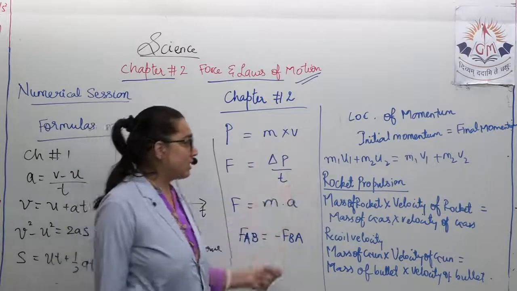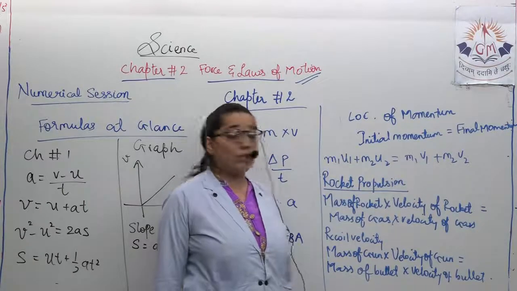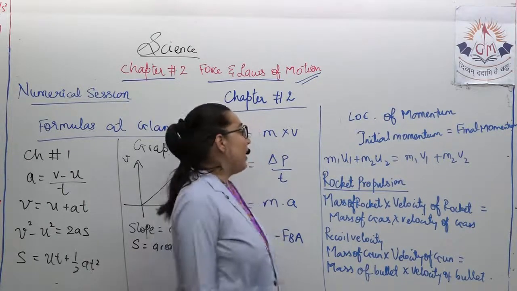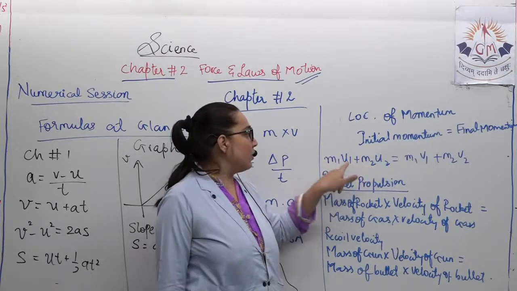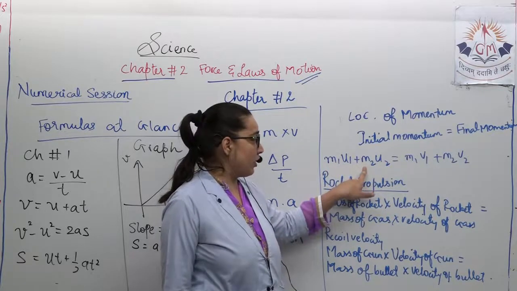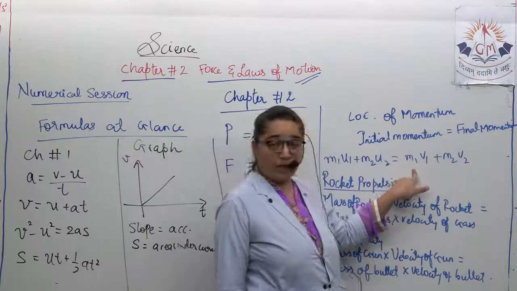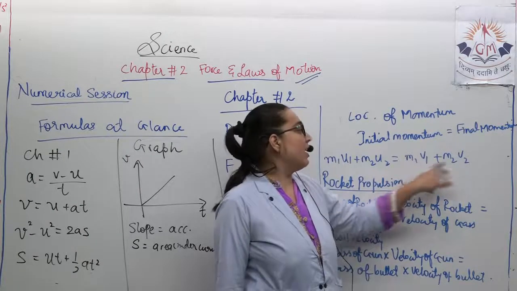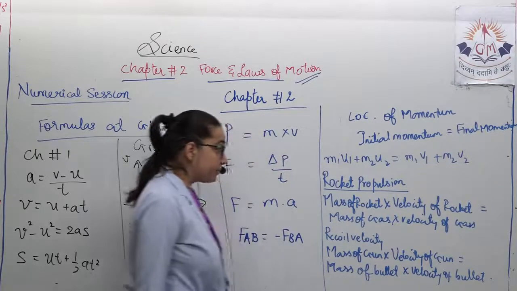So this was it: m1u1 plus m2u2 is equal to m1v1 plus m2v2. Here m1 and m2 are the masses, u1 is the initial velocity of m1, u2 is the initial velocity of m2, v1 is the final velocity of m1 after collision, and v2 is the final velocity of m2 after collision.